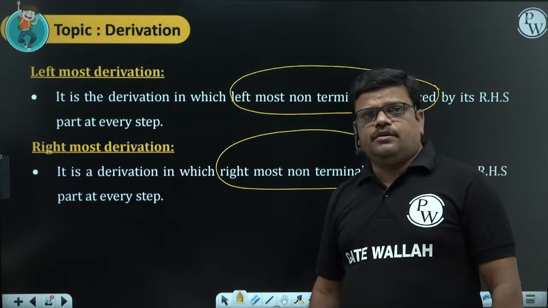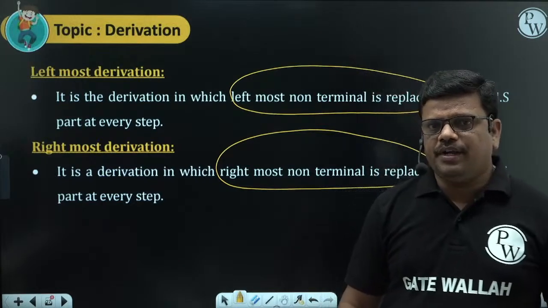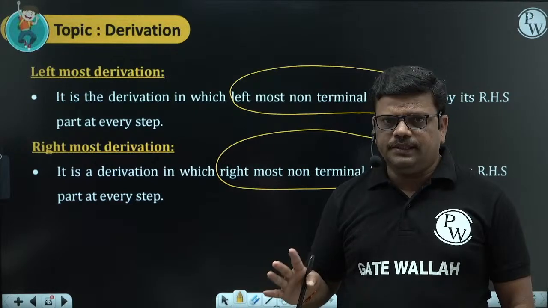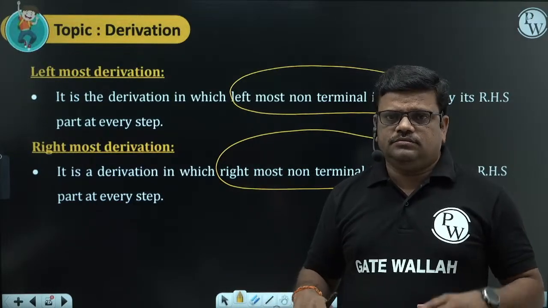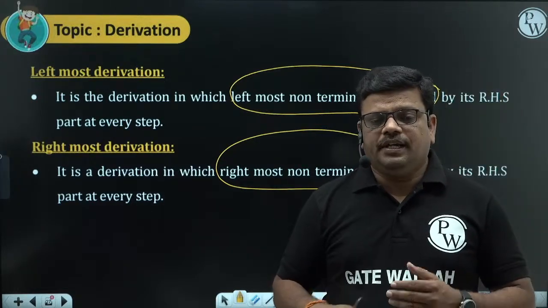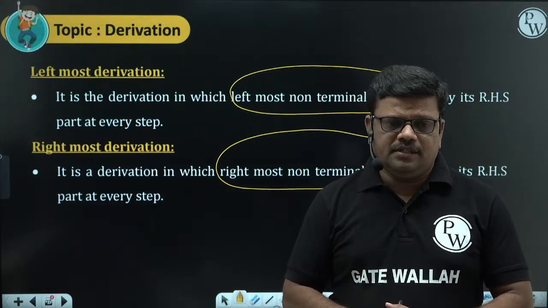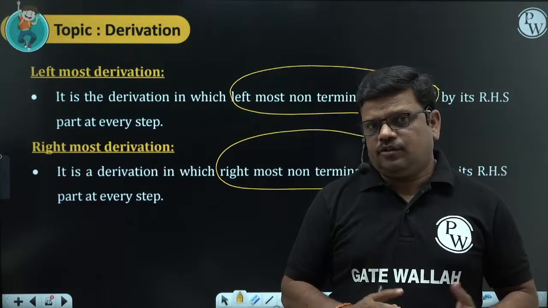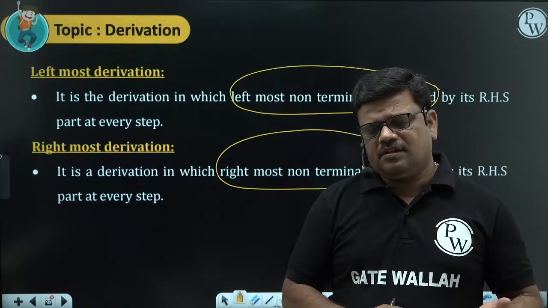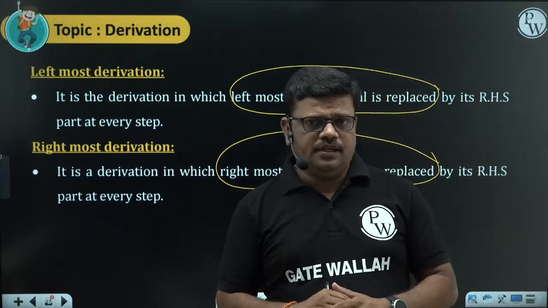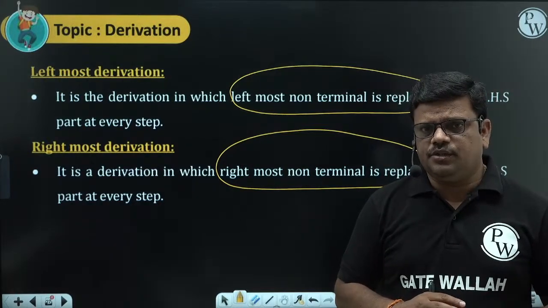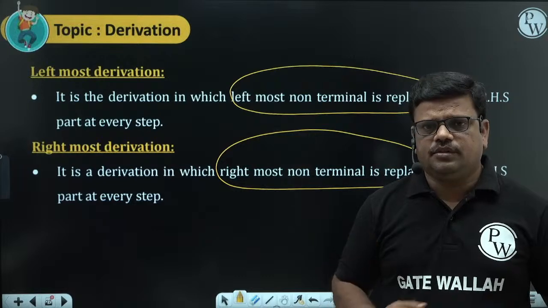Whenever we are deriving a string, which derivation do we have to use, leftmost or rightmost? There is no fixed conclusion; that completely depends on you. In compiler construction, some parsing algorithms like top-down parsers, for example LL(1), use leftmost derivation, whereas bottom-up parsers use rightmost derivation, though not exactly in reverse order.